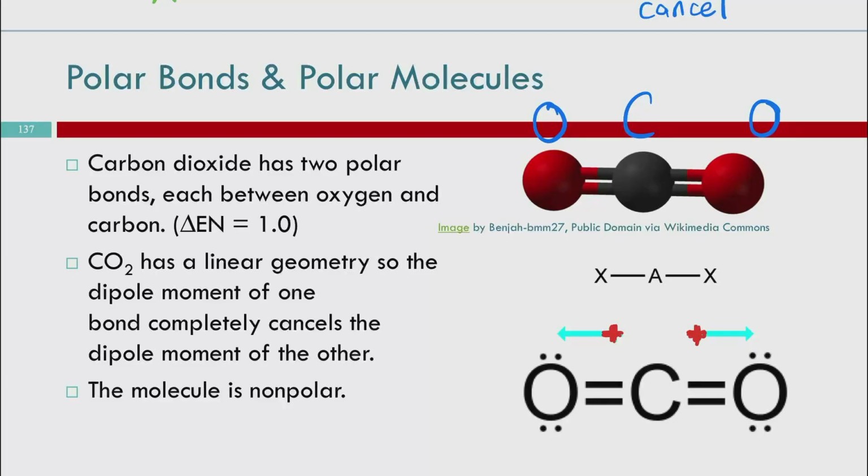Right, so you can sort of see there's a positive side. So we're pointing towards the negative. The oxygens are pulling the electrons, so they would be getting the partial negative charge. And then carbon would be getting the partial positive, but because they're pulling in completely opposite directions, those cancel out.